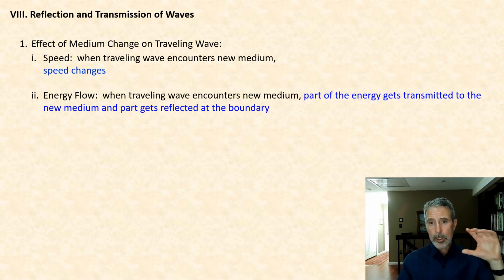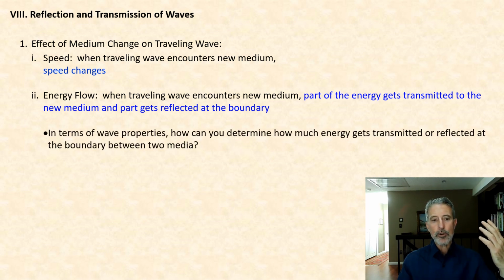Now, the simulation that we looked at previously nicely shows the change in wave speed as the wave enters the new medium, but it doesn't accurately depict the change in the wave amplitude that would result.